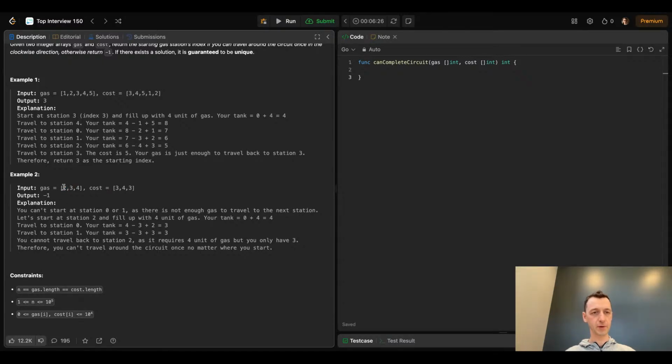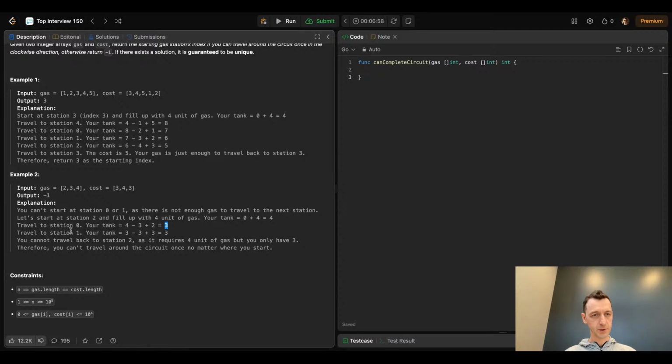If you start at 0, you need 3. At 1, you need 4. Let's start at station 2. You fill up with 4, tank is 4. Travel to station 0, the cost is 3, so plus 2, now your tank is 3.